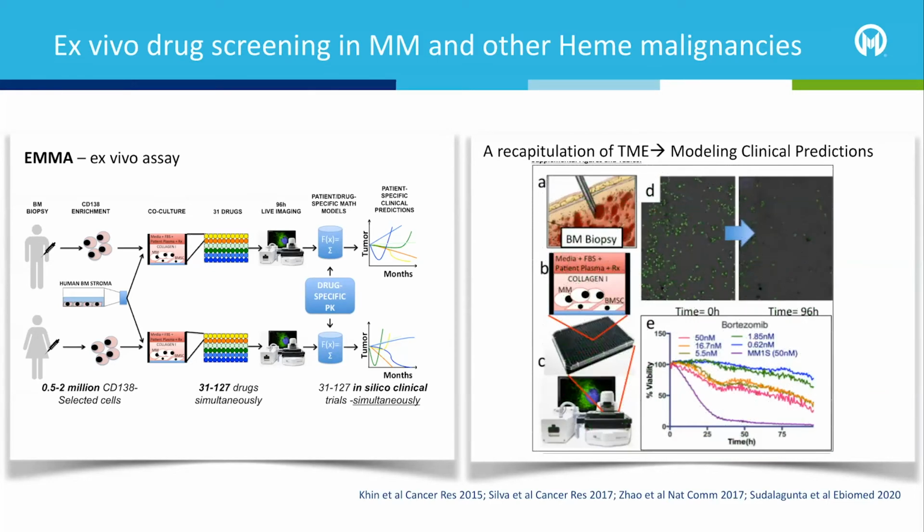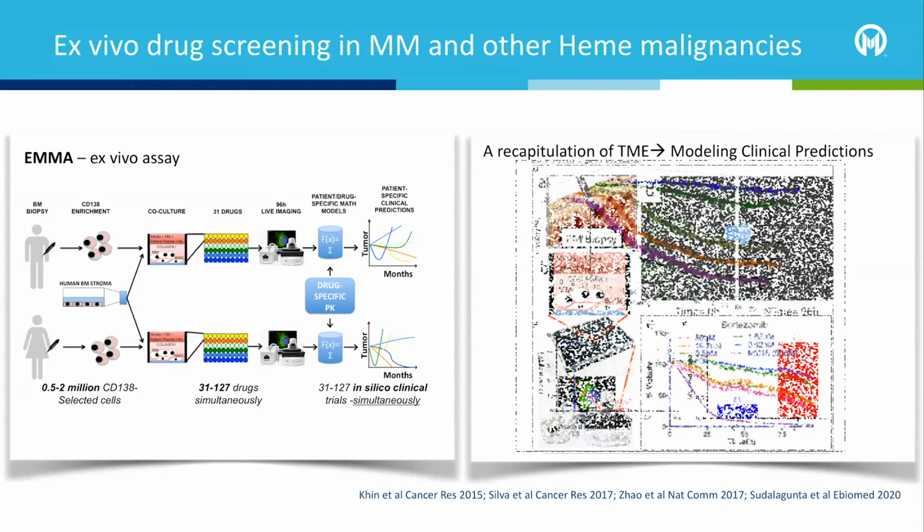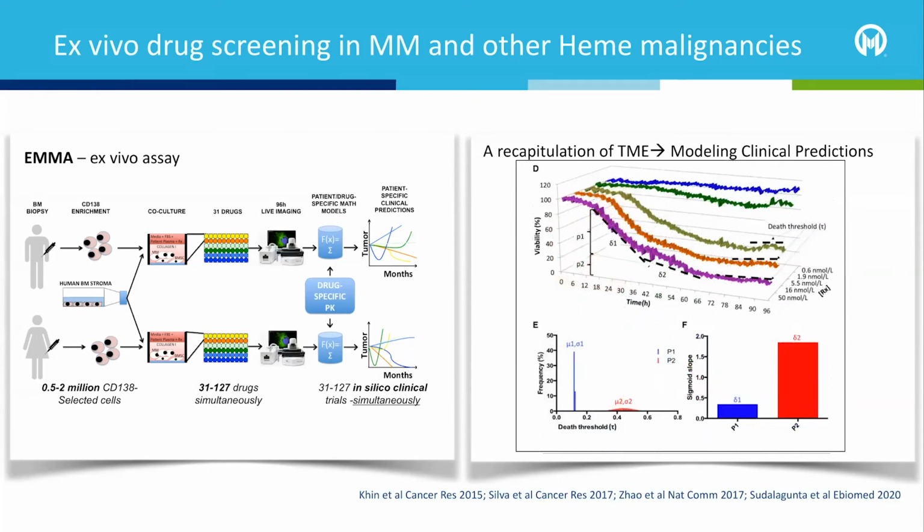And the idea is that it produces enough data points, enough detailed information that allows us to actually infer intratumoral heterogeneity of drug sensitivity. And this intratumoral heterogeneity is used to parameterize mathematical models.